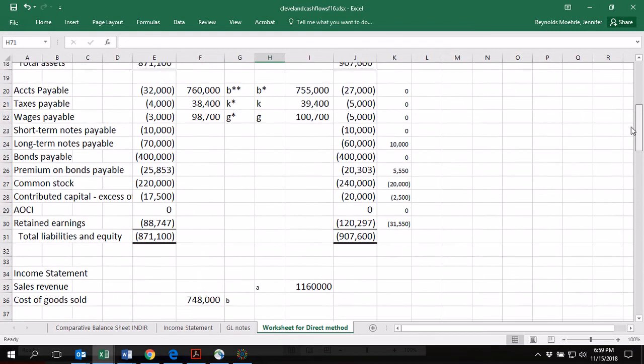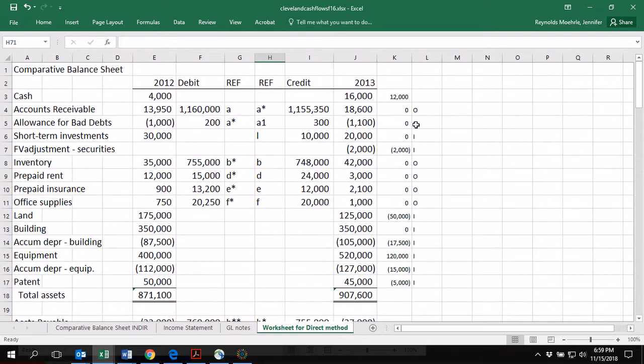That takes care of one more item. Okay, let's go ahead and take care of the fair value adjustment on the securities that I had left at the end of the year. I'm going to call that L star because it's related to those. All right, again, I need to look at the general ledger detail just to confirm what this is about.